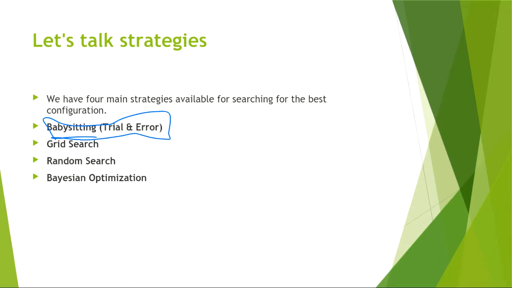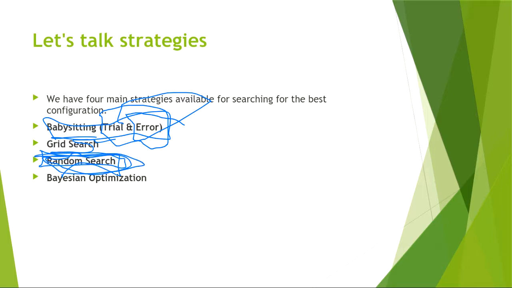And then we are moving to grid search and random search. Random search you have to apply, there's no other choice for you. And those who can go further ahead can apply Bayesian optimization also.